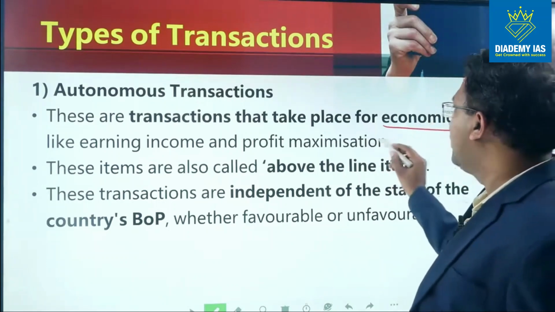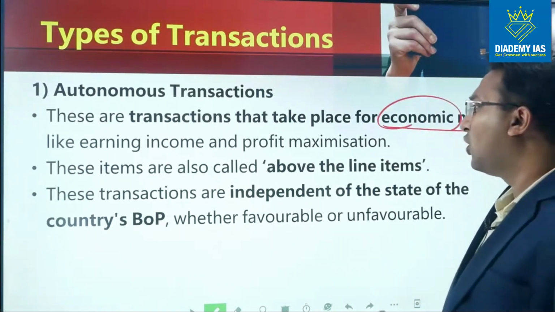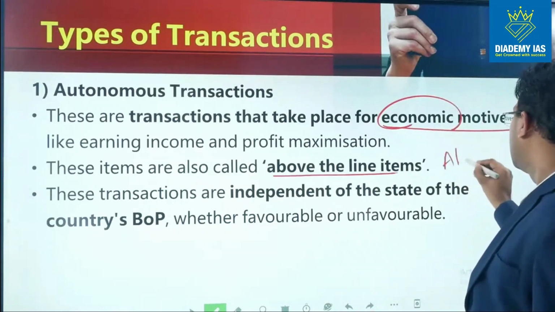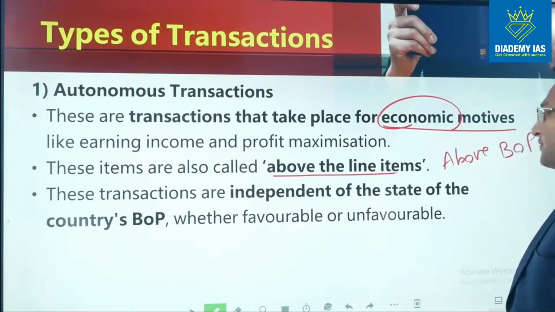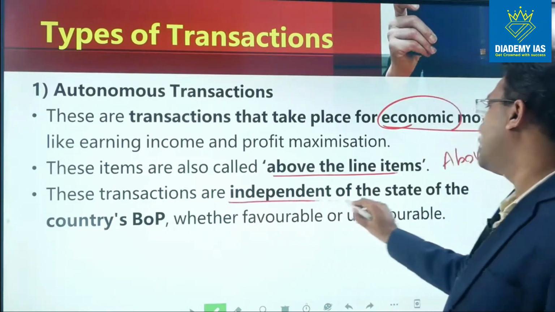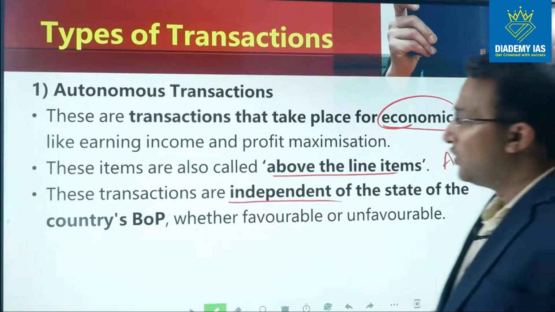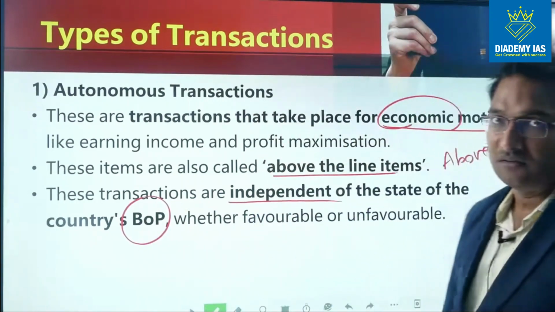So the prime motive is economic. These items are also called above the line because they are above balance of payment, right? These transactions are independent of the state of country's BOP, whether favorable or unfavorable. So whether the BOP is surplus or deficit, it does not matter.